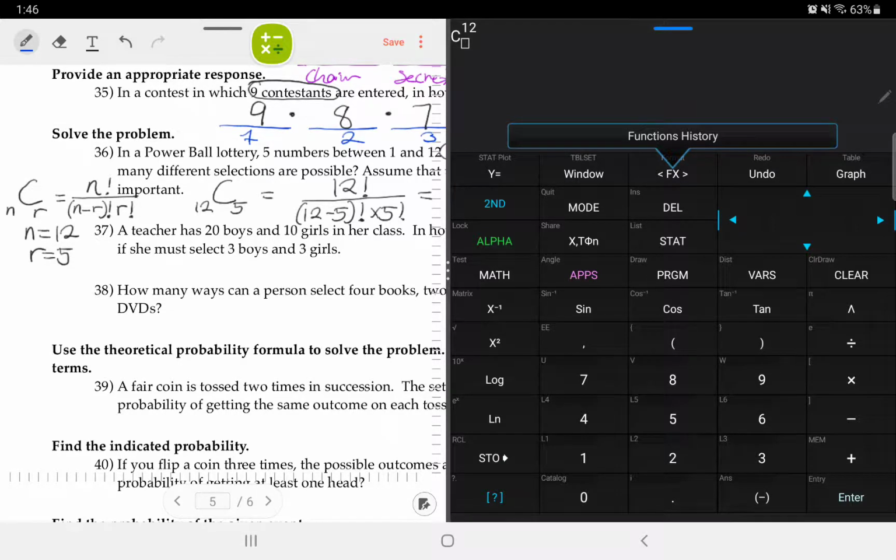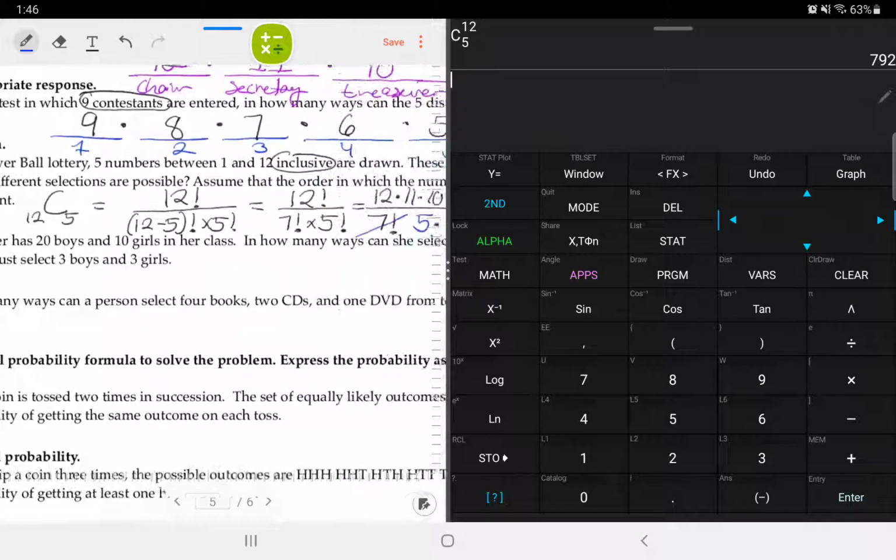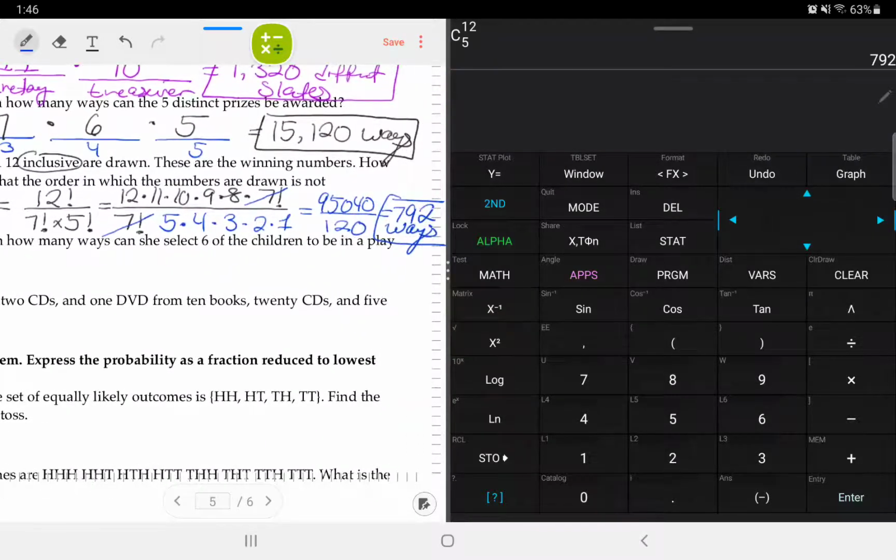After that, you're going to put in your second number, which is the number 5. Hit enter, and the answer is going to be 792. So that is how we approach question number 36.